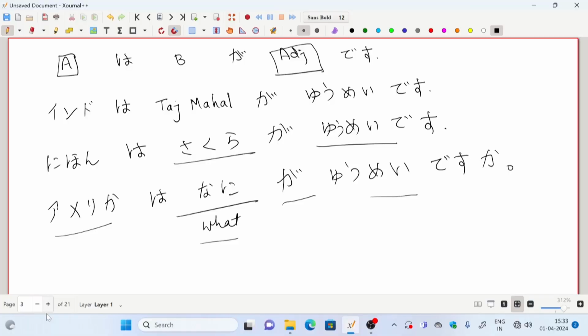Now if you want to know about someone's characteristics, someone's special element, those are explained in adjectives. How to put a question for that? If I say that person is kind, that person is quiet, that river is deep, how do we raise questions to know about the adjective of a particular thing?